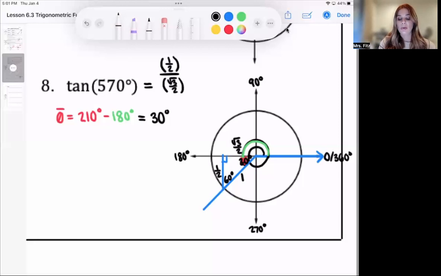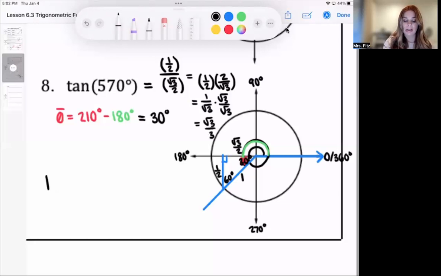We can multiply by the reciprocal, 2 over root 3. We end up with 1 over root 3, which if we rationalize, we get root 3 over 3. So tangent of 570 degrees is equal to root 3 over 3.